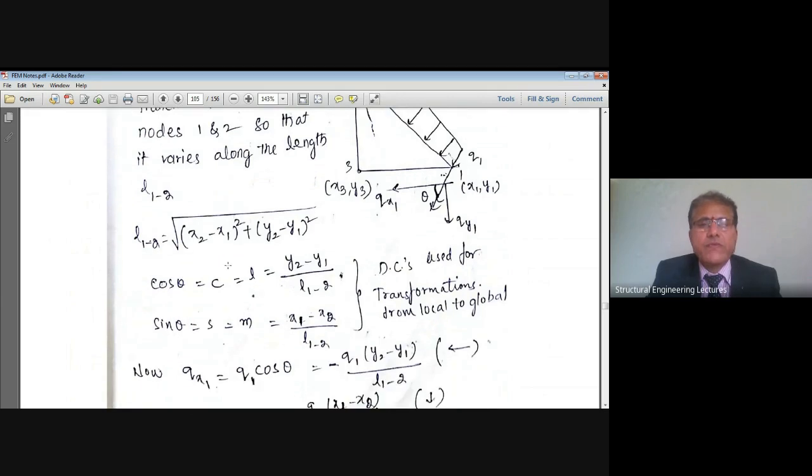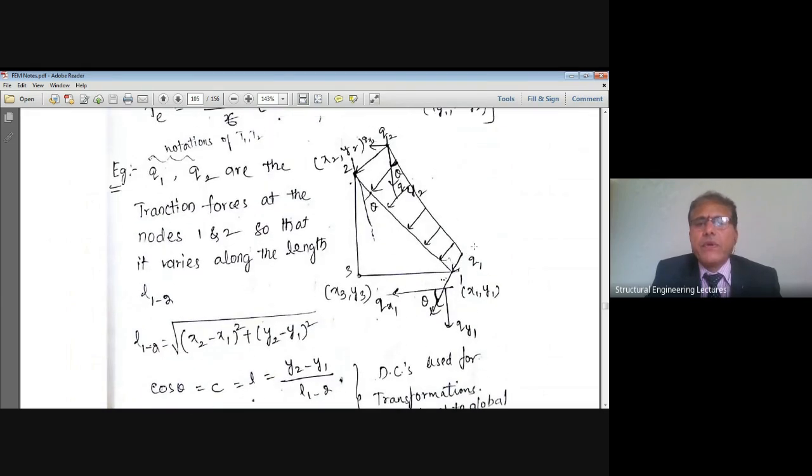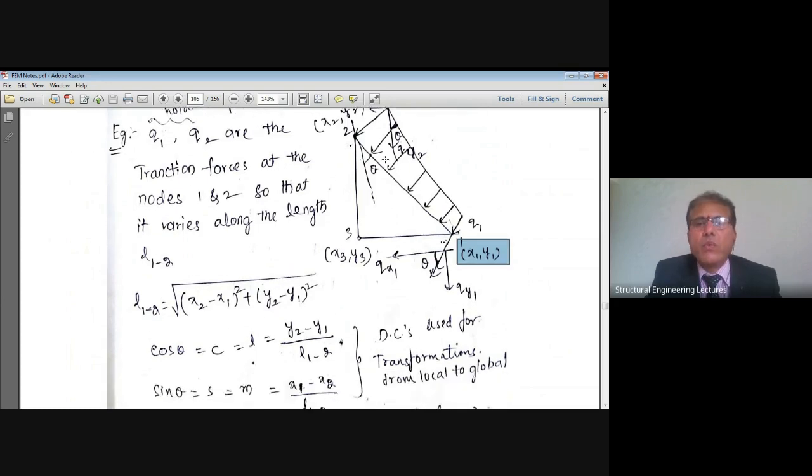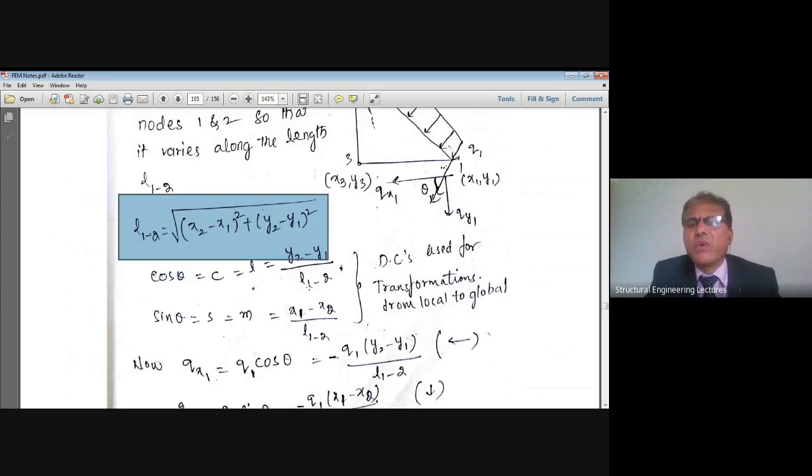Using those direction equations, we can write. Then if the Cartesian coordinates of nodes 1 and 2 are given as x1, y1, x2, y2, we can find the length of side 1 2, L12, as the square root of (x2 minus x1) whole square plus (y2 minus y1) whole square.